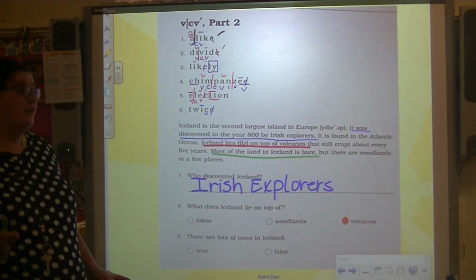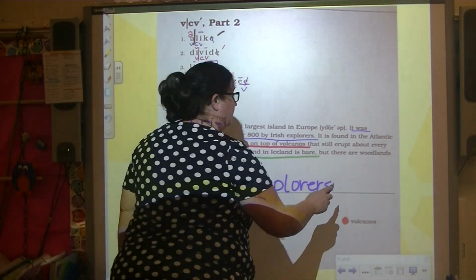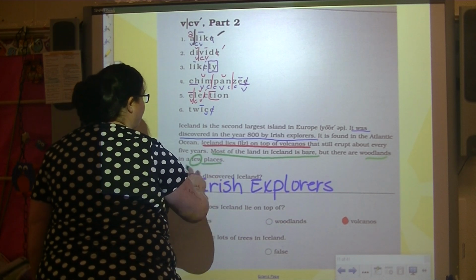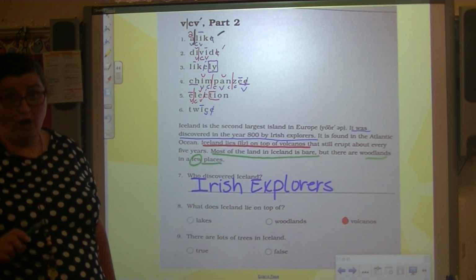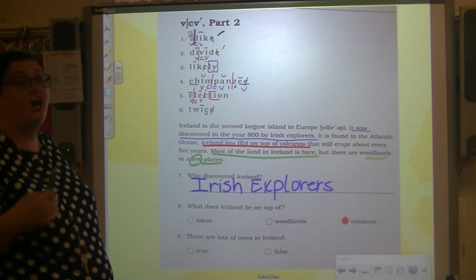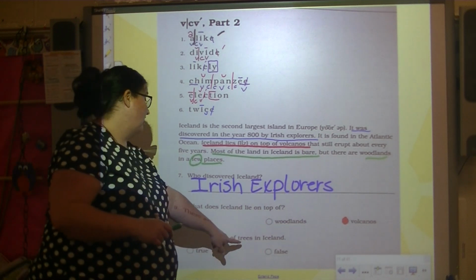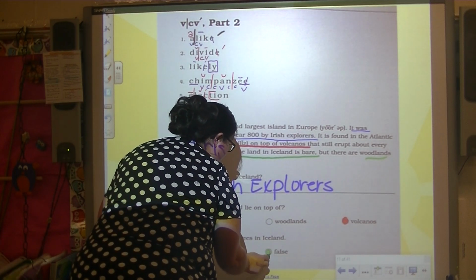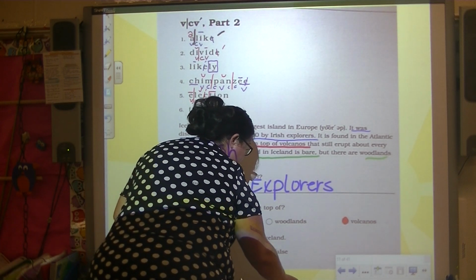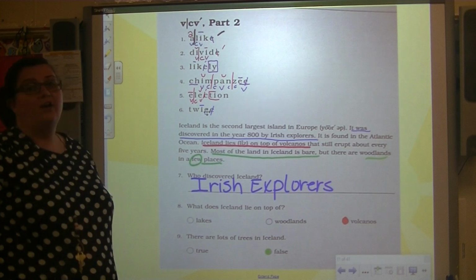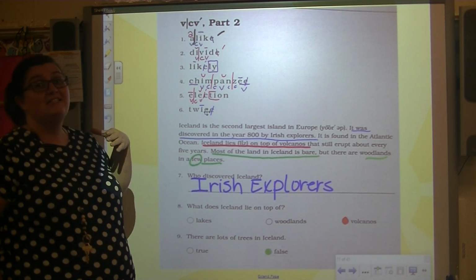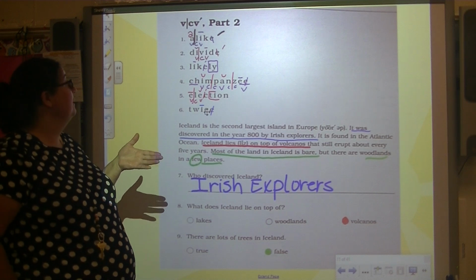Bare means with nothing on it. There are woodlands in a few places. Few means not a lot. So that would be the opposite. So there are lots of trees in Iceland. False. There are not.